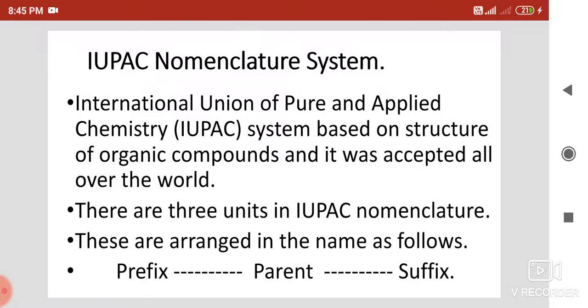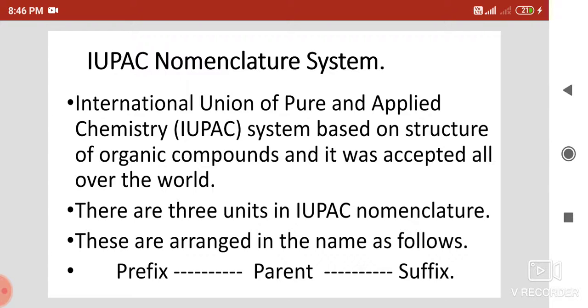This IUPAC nomenclature system is based on the structure of organic compounds, and it was accepted all over the world.